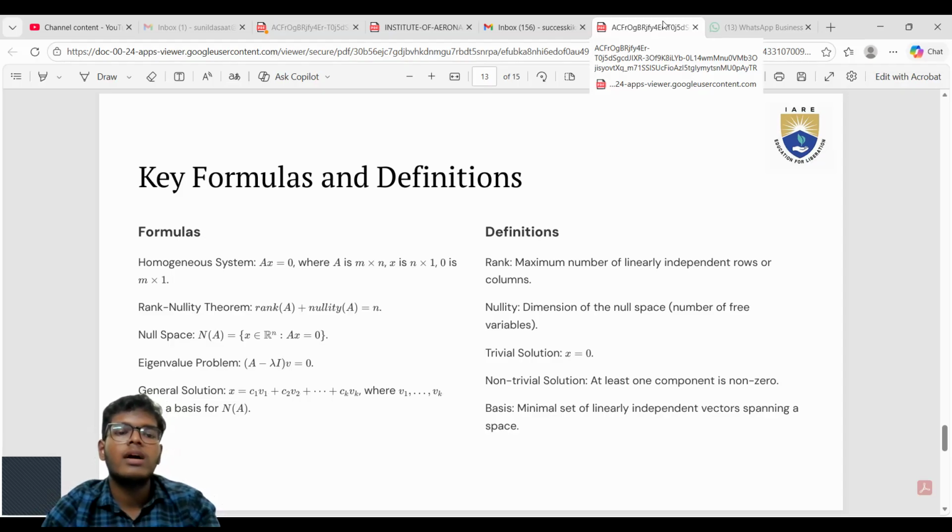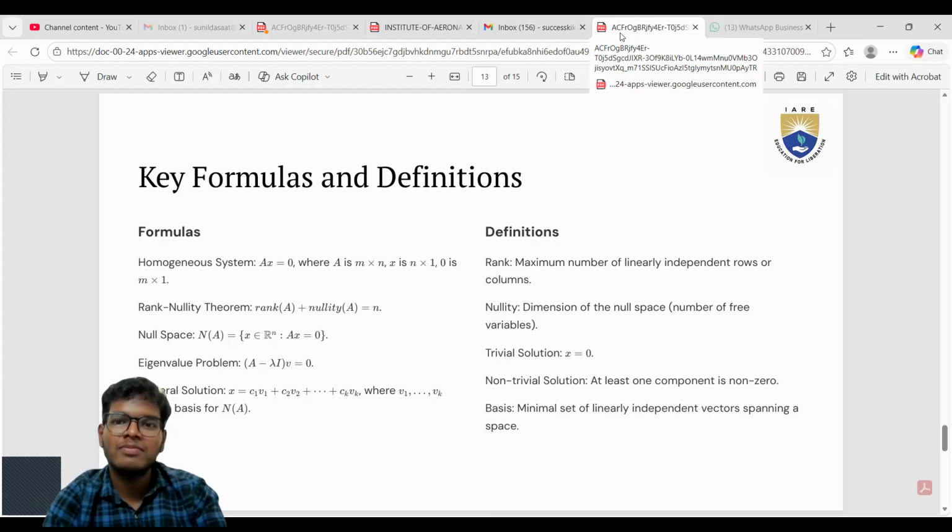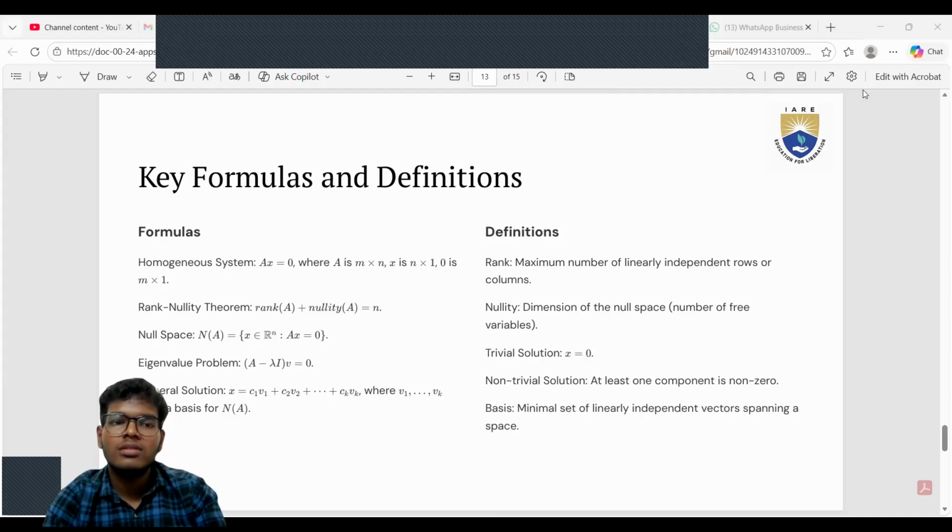The eigenvalue problem (A minus lambda I)v equal to 0 gives a non-trivial solution, x equal to C1 V1 plus C2 V2 and so on up to CK VK, where V1 to VK form a basis of N(A). A basis is a minimal set of linearly independent vectors spanning a space. So these are basically the formulas and definitions, and they are very important.